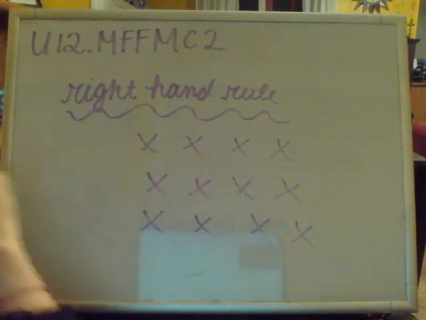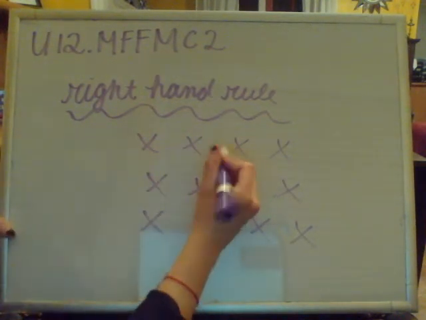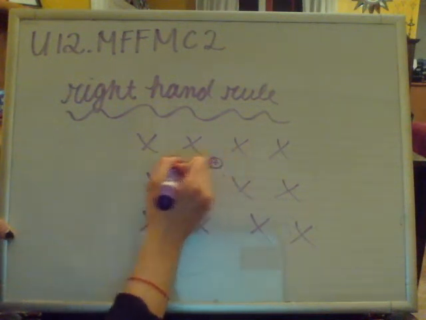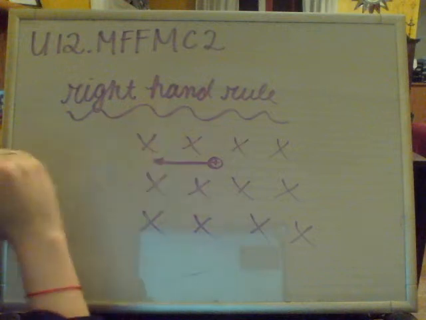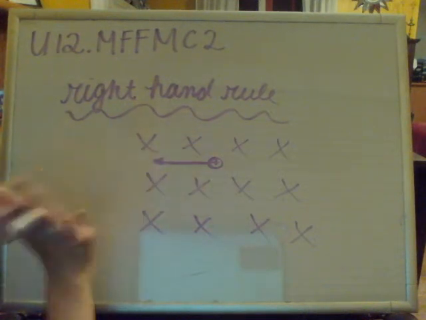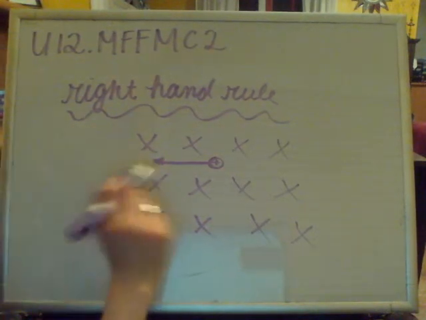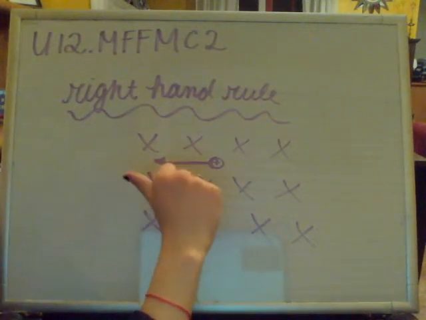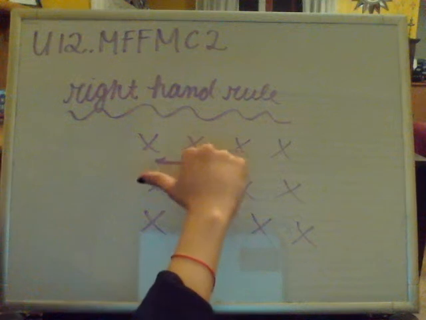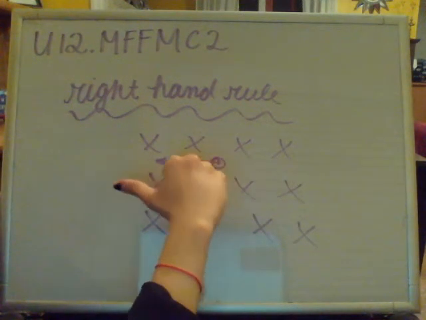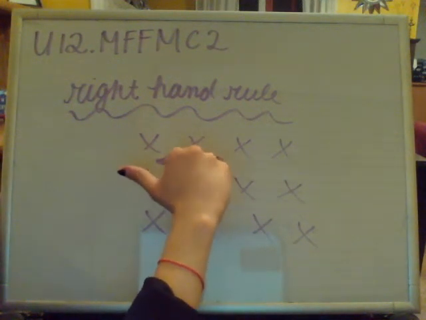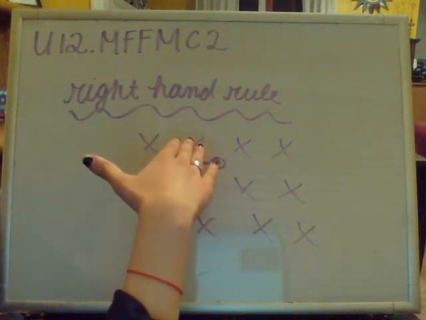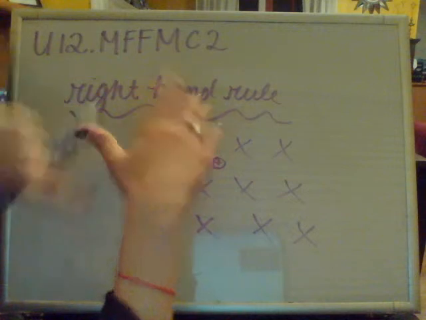Then let's say we have a proton traveling with a velocity towards the west, which would be your east, my west. That would be your thumb. So your thumb is the velocity of the proton and your fingers are pointing into the board. That means the force is downwards.